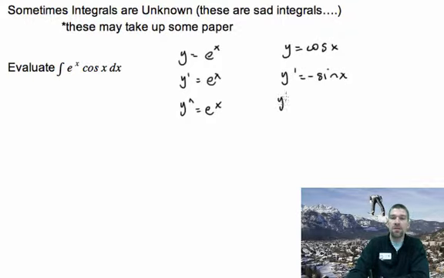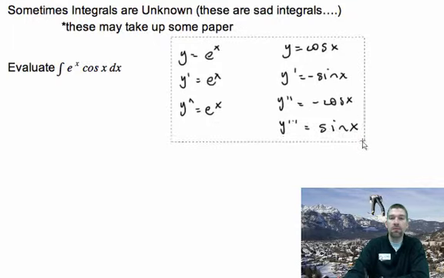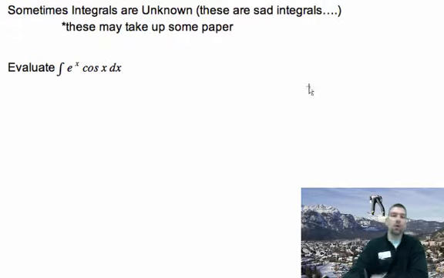Then the derivative of that is negative cosine x, and the derivative of that is sine x. And if I take the derivative of that, I'm back where I started. So both of these guys lend themselves to repeating, and there's no quick, easy way to get out of it, okay?